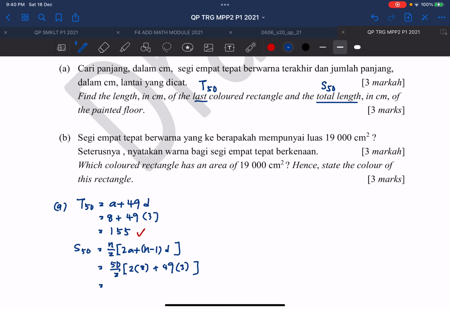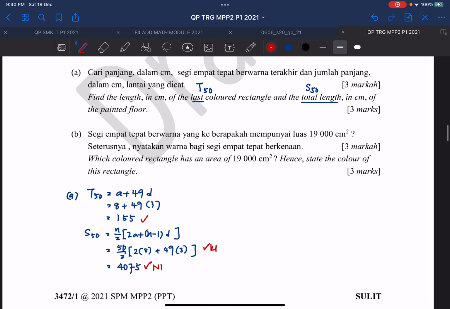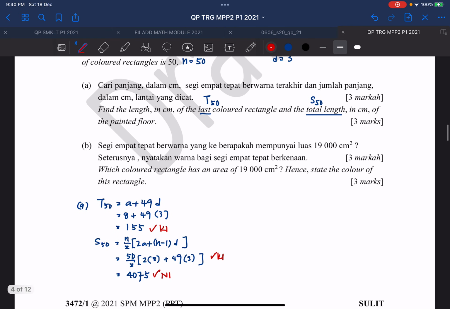For your sum of 50, you should get 4075 cm. So that's your final answer. You get 1 mark for the working, and 1 mark for the final answer, for both T50 and S50. So we're done with question A.